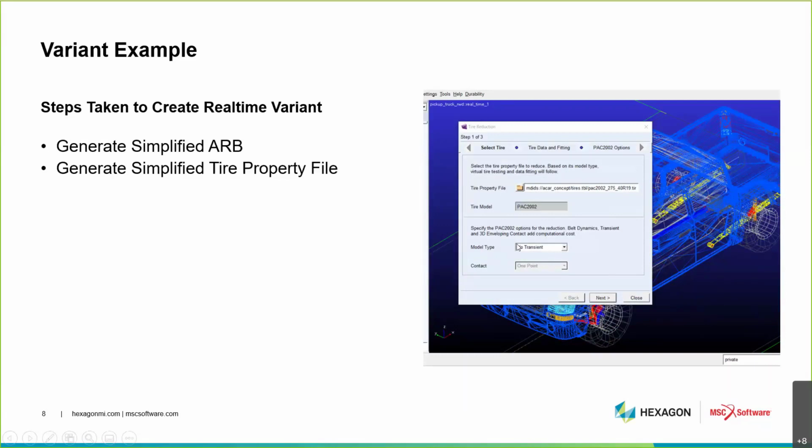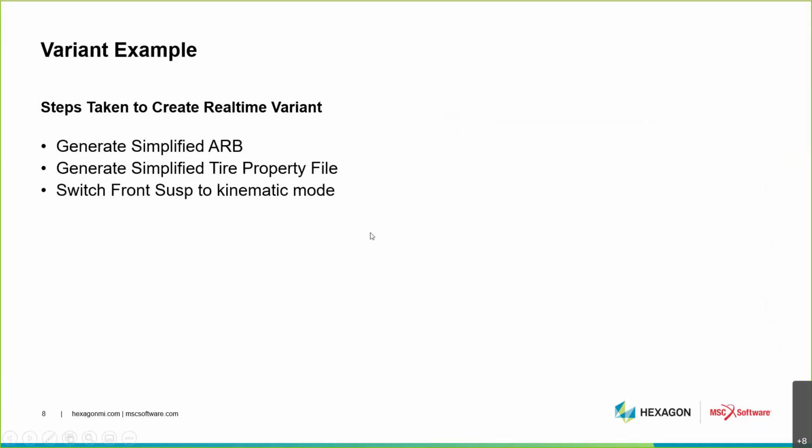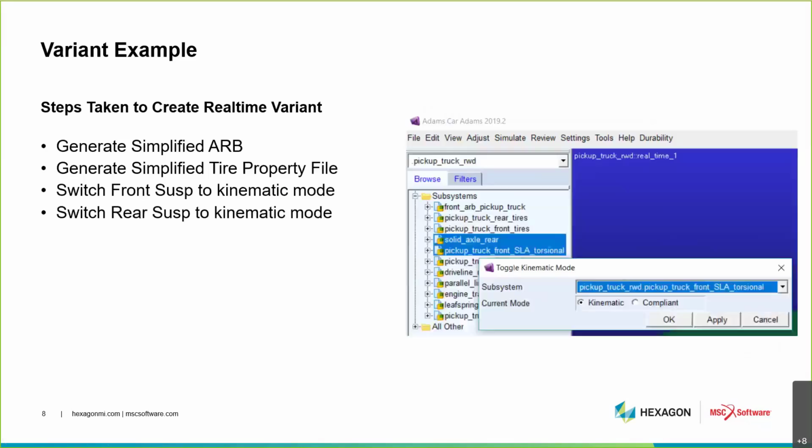What that will do is allow you to eliminate or simplify the use modes and also turn on the high performance options of the tire fairly quickly. If I switch the front and rear suspension into kinematic mode using the toggle kinematic mode switch, which is under adjust in the Adams car menus, then I further simplify the model.